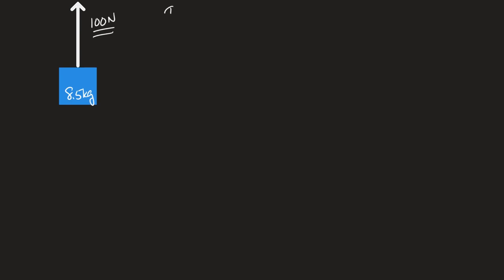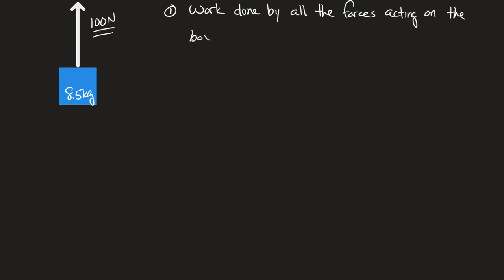Again, I want the work done by all the forces acting on the box. Let's say the box was displaced 5 meters. And if it started from rest, how fast is it going now?